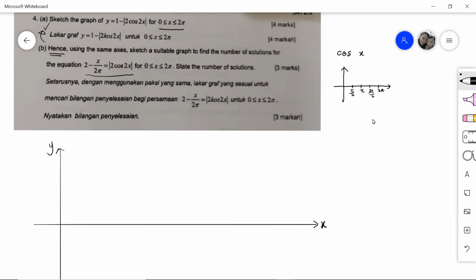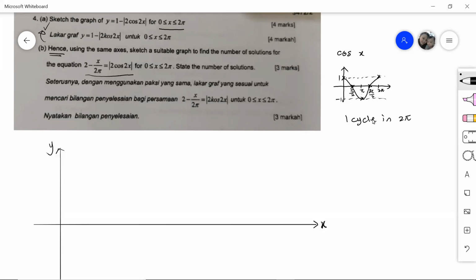The cos graph will always start with maximum value, and the amplitude is actually 1 and -1. So we start with maximum, 0, minimum, 0, and back to maximum. So the standard graph for cos x will be like this. This is called one cycle in 2 pi.